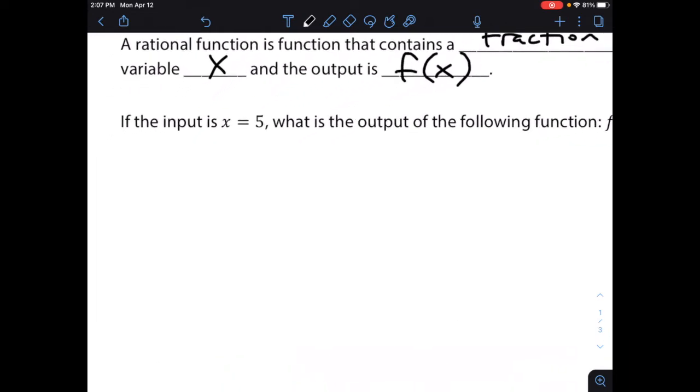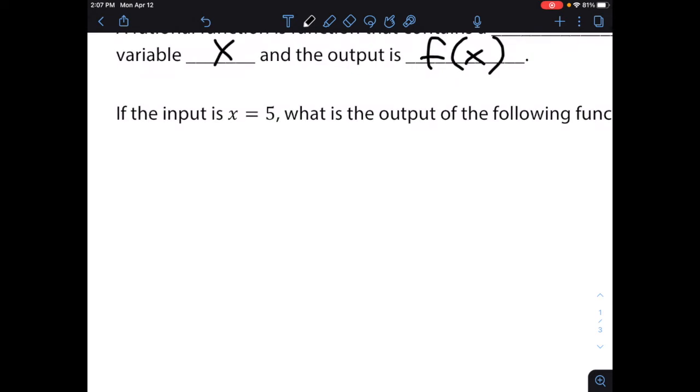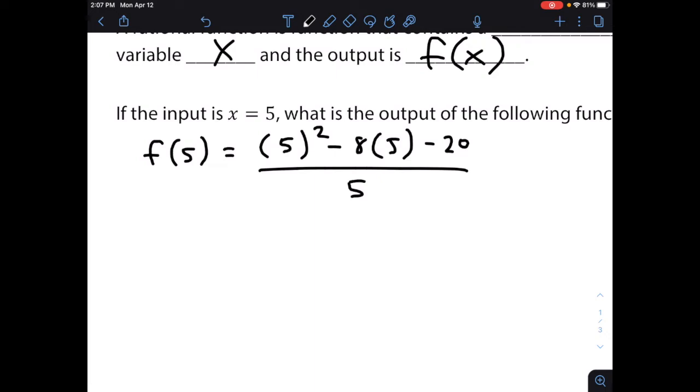So I'm going to write this as f of 5. That tells me I'm evaluating the function at x equals 5. So I have 5 squared minus 8 times 5 minus 20 all over 5. I just simply replaced every single x with a 5.